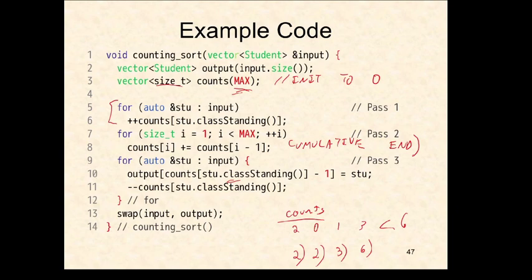That's pass 2. Now we go back through the input. We go back through the input and we say, hey, copy to the output at counts sub student sub class standing minus 1.